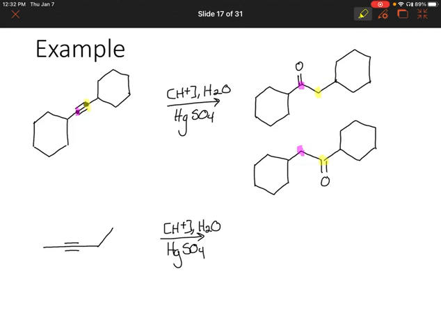Now let's look at our 2 products. How are they related to each other? Are they constitutional isomers, enantiomers, diastereomers, or are they identical? They're actually identical.